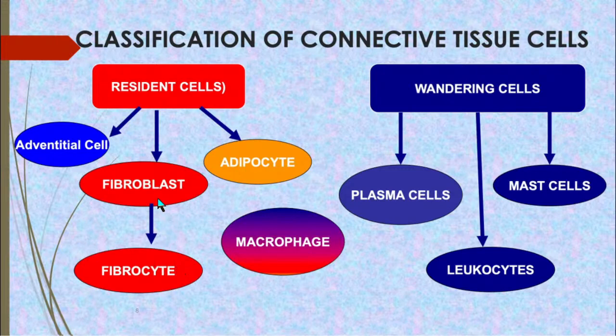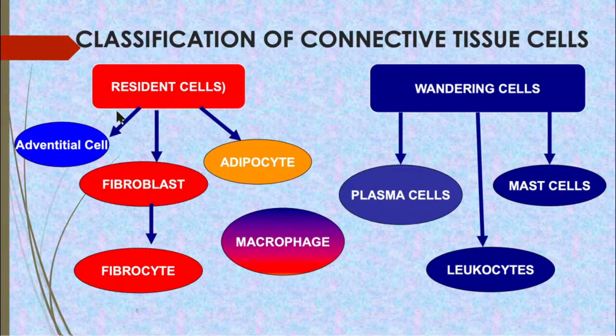Fibro is fiber and blast is generator, so the cells will generate new fibers: fibers of collagen, fibers of elastin, and maybe reticular fibers. So every time they can dynamically adapt this tissue for changes.